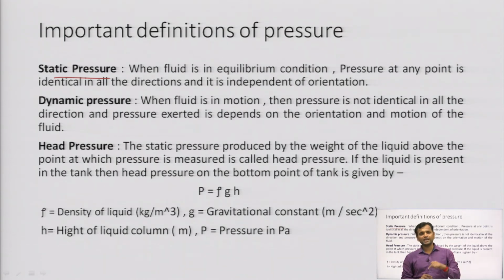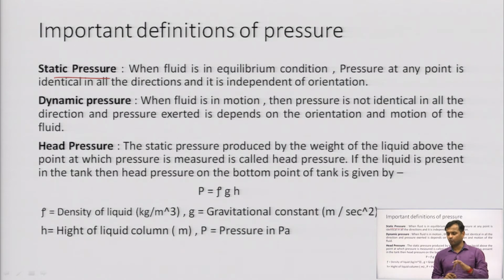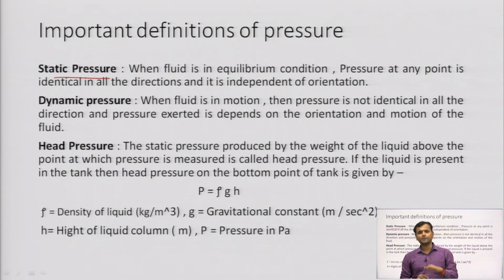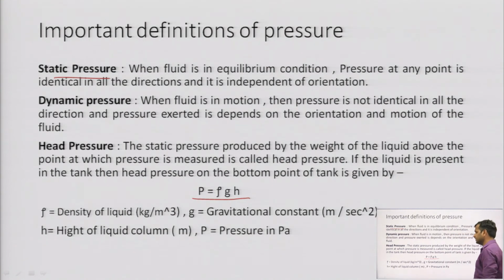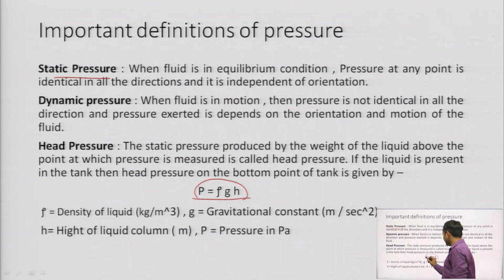You can choose any point, and the pressure from the liquid above that point is known as the head pressure. If the liquid is present in a tank, then the head pressure at the bottom point of the tank is given by P equals rho g h. This is a very important formula, which we will use for differential pressure measurement when we study pressure measurement.